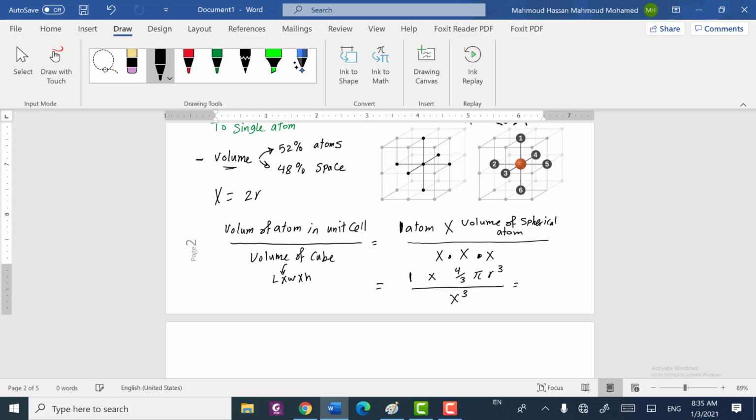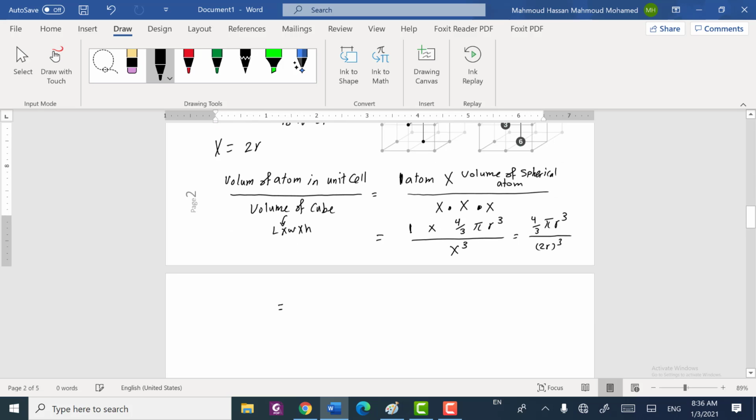So if we replace X by 2R, it will be 4/3 pi R cubic, and X is replaced by 2R, so it will be 2R cubic. It gives us 4/3 pi R cubic divided by 8R cubic.